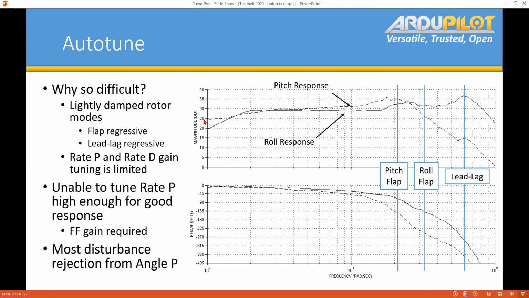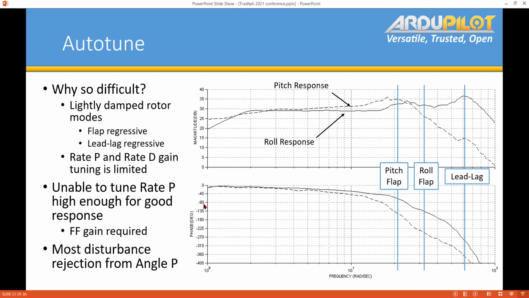So it's basically the output response, which is maybe pitch rate, over the input, which is the control output, basically the control that's applied to the servo, divided into the pitch rate response. And instead of a ratio, it's displayed here in dB, so it's just a conversion to decibels. That's the top plot.